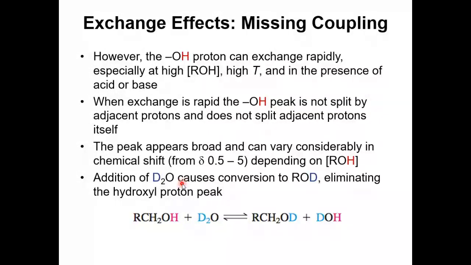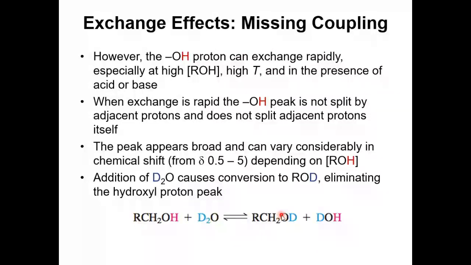So chemical behavior is very similar, so they can undergo chemical exchange with alcohols. This exchange can convert the OH group in the alcohol into an OD group. Now, the interesting thing is that when we collect the proton NMR, the instrument is tuned to detect proton H1. So under those conditions, you will not be able to see the D.